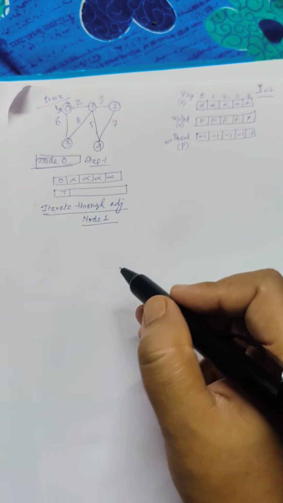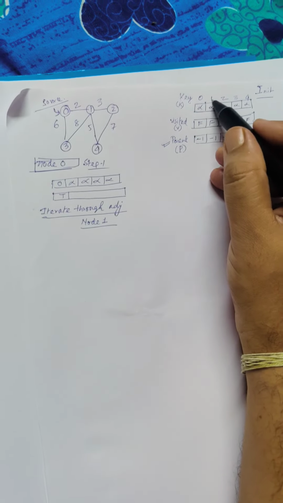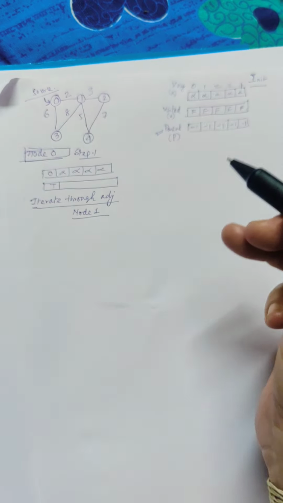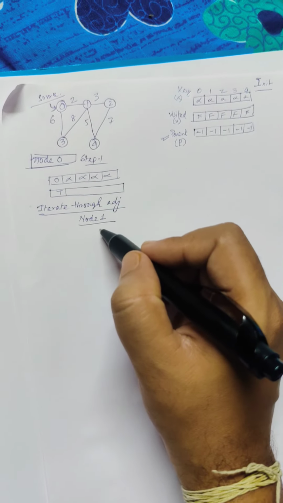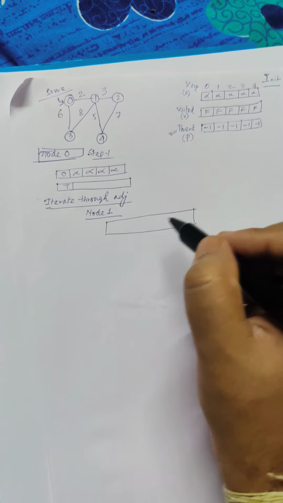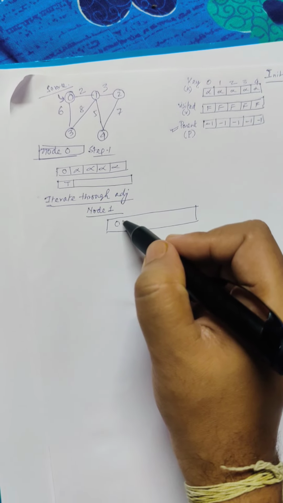So 0 to 1 has a value of 2. We compare infinity and 2, and the minimum is going to be 2. 0 is the first value which we have already got.